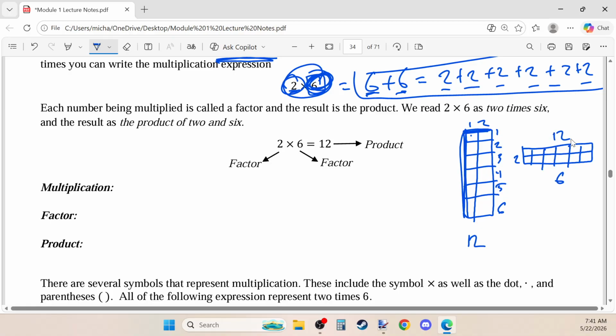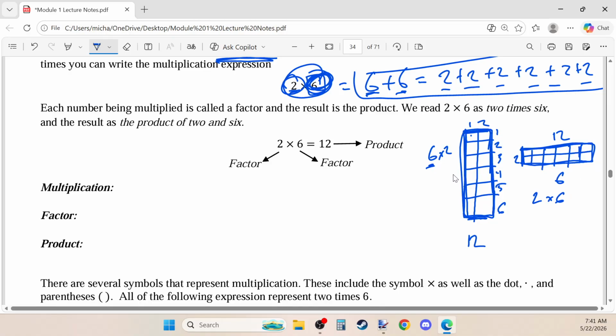It still has 12 squares in it. Either way I look at it, I either have 6 groups of 2 or I have 2 groups of 6. But at any rate, I still have 12 squares total.